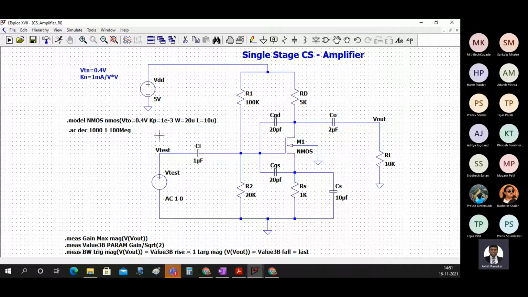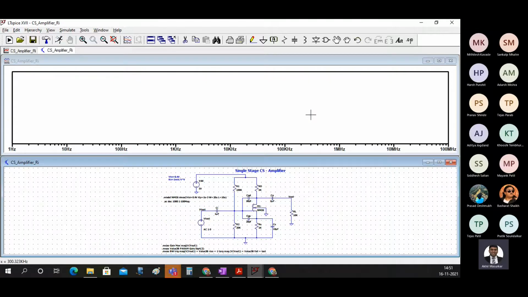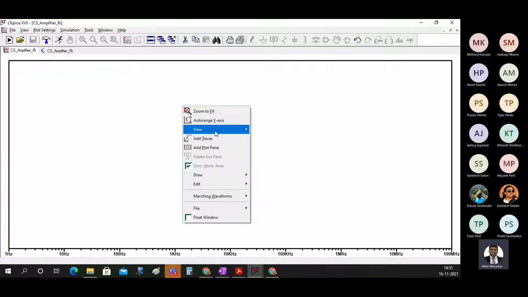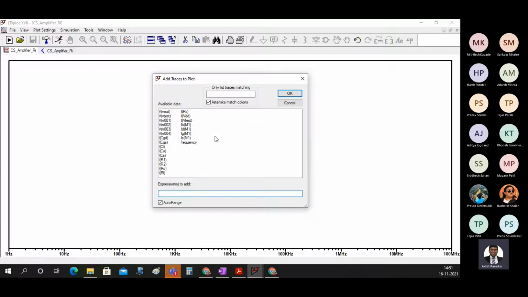Just rename this source to V test, and this node V in, you can write as V test. Now if you simulate this, you can see that the frequency graph has opened, and in this I will add, I want to see RI. So RI will be V test divided by I test.